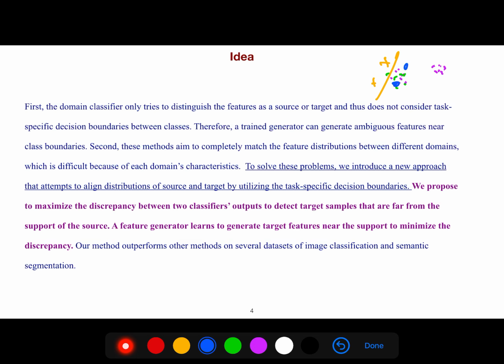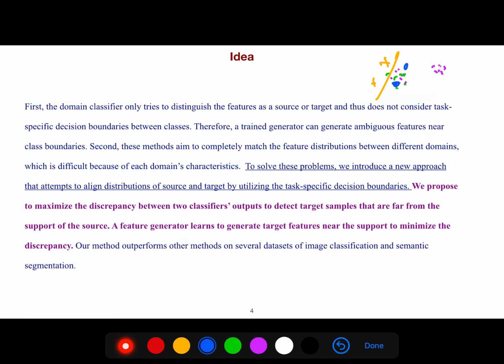Second, these methods aim to completely match the feature distributions between different domains, which is difficult because of each domain's characteristics. To solve these problems, we introduce a new approach that attempts to align distributions of source and target by utilizing the task-specific decision boundaries.